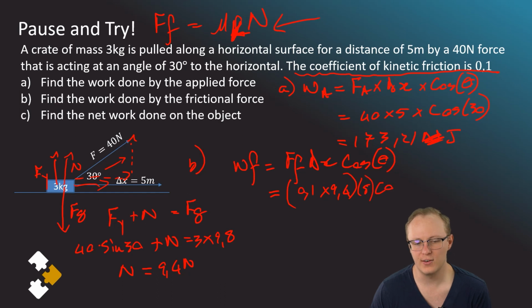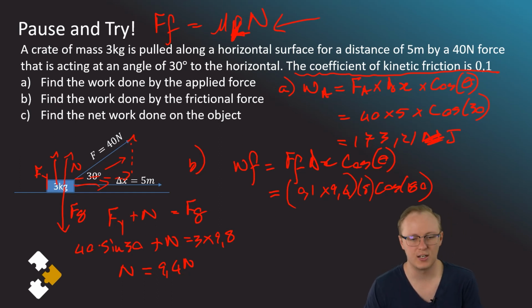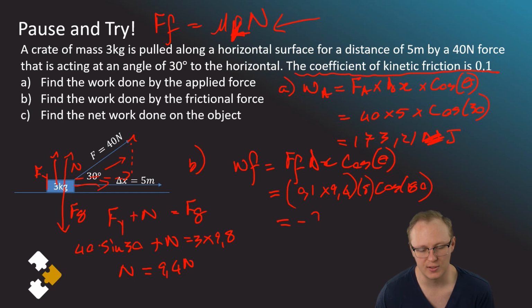And now again, friction is in the opposite direction to the displacement of this object. This is cos of 180. Okay, so 0.1 times 9.4 times cos of 180 gives us negative 0.94 joules. Okay, so friction didn't do an impressive amount of work here, but it did try its best.